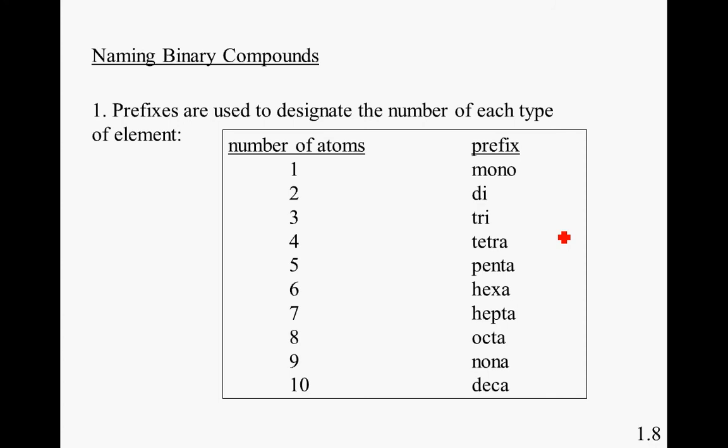Alright, let's look at the naming. This chart indicates what the prefixes are. For instance, we kept talking about carbon dioxide. Di, if we look here, means 2. So it's carbon and 2 oxygens.